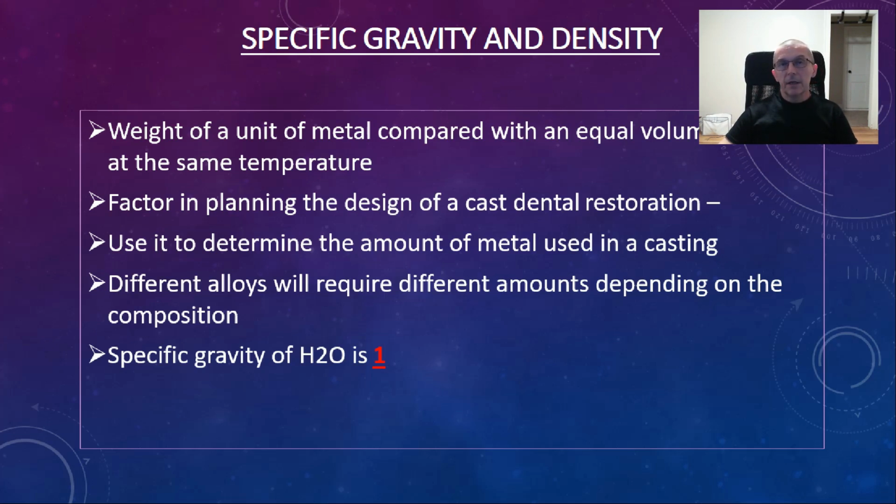So if we have a specific gravity, for instance, of a ceramic metal, which has a 13.5 specific gravity, that means that particular metal is 13.5 times heavier than water.